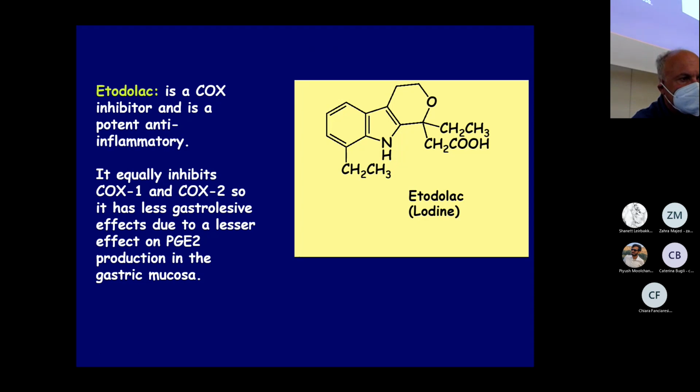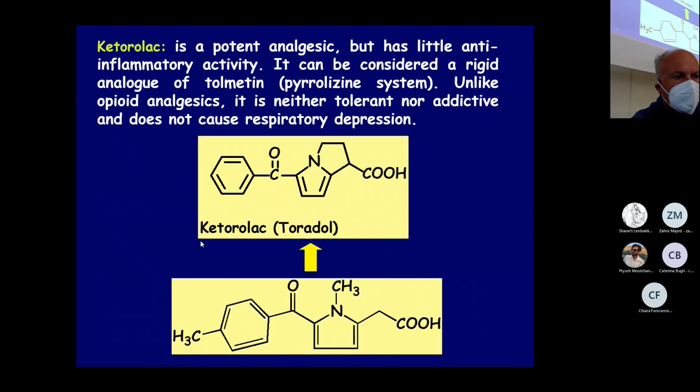Etodolac is not important. Ketorolac. We have seen the minimized structure of tolmetin.